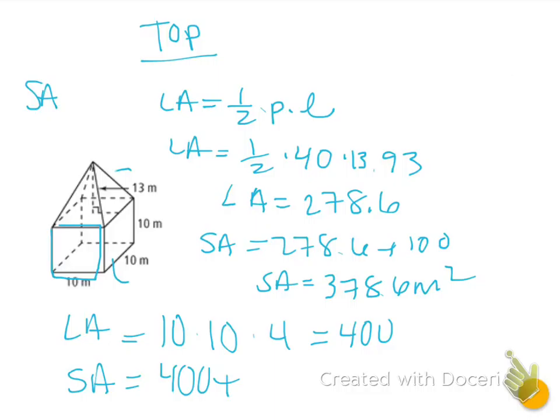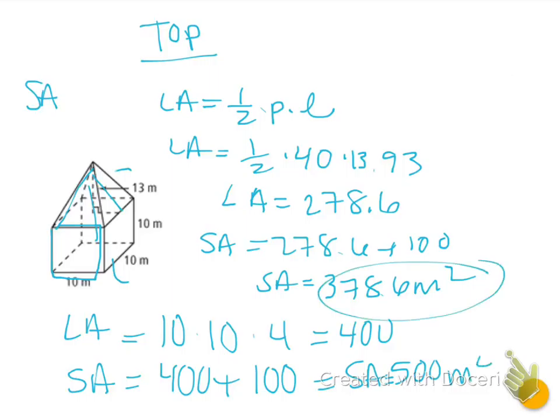But we already covered the area of the top when we found it with the triangle, and I don't need to find it multiple times. So I'm not going to multiply this by 2. I'm just going to keep whatever I find the area of the bottom to be. So the area of the bottom is going to be 10 times 10, which is 100. So that surface area will get me 500 meters squared, and then I can add them together.